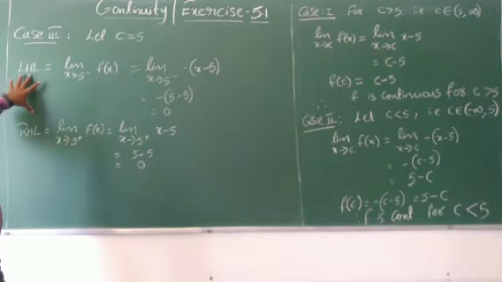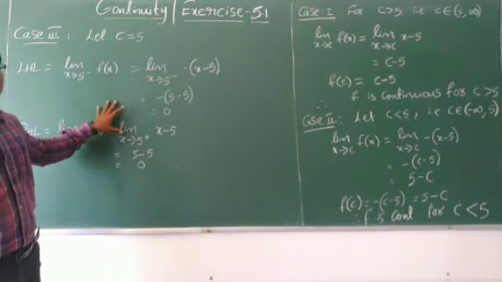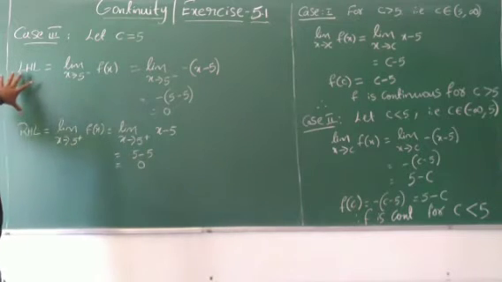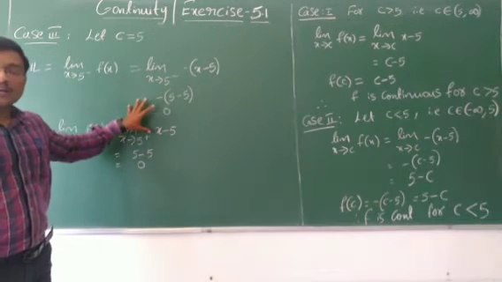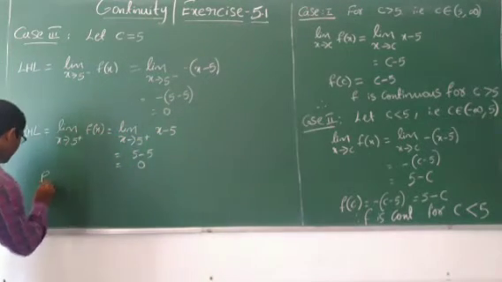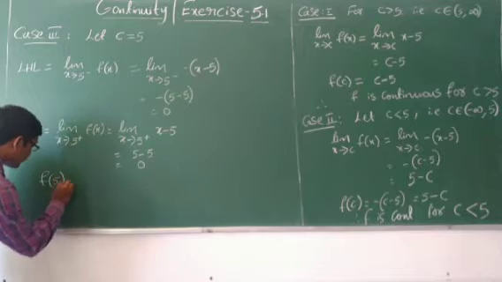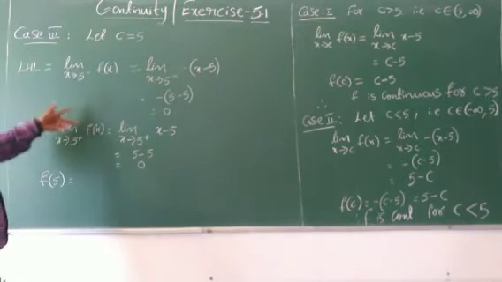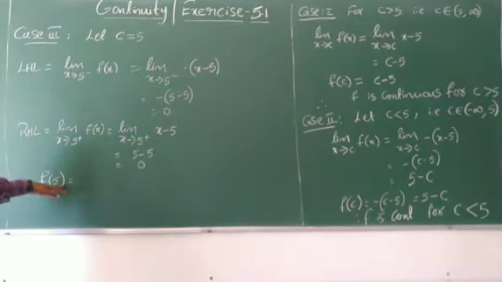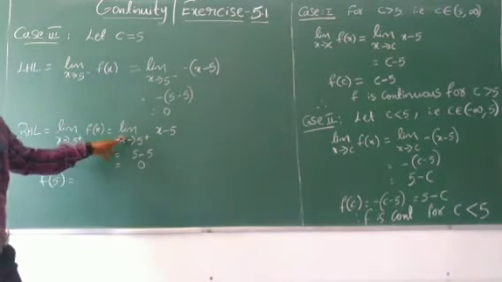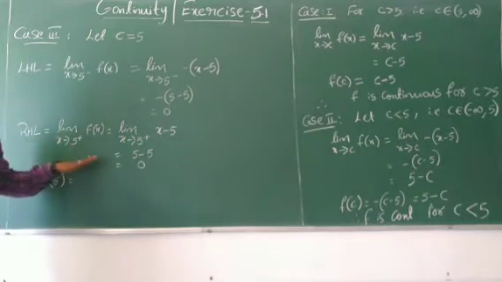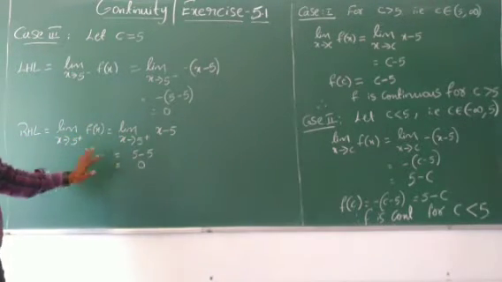Whenever you get left hand and right hand limits, we cannot tell it is continuous. When they are equal, we can only tell the limit exists. Then we find the function value. If they are not equal, then we can directly write it is not continuous.